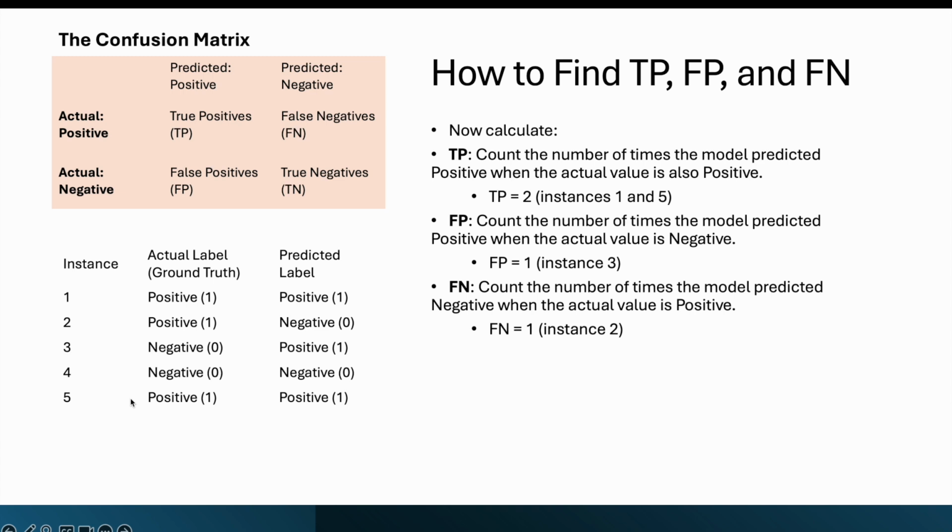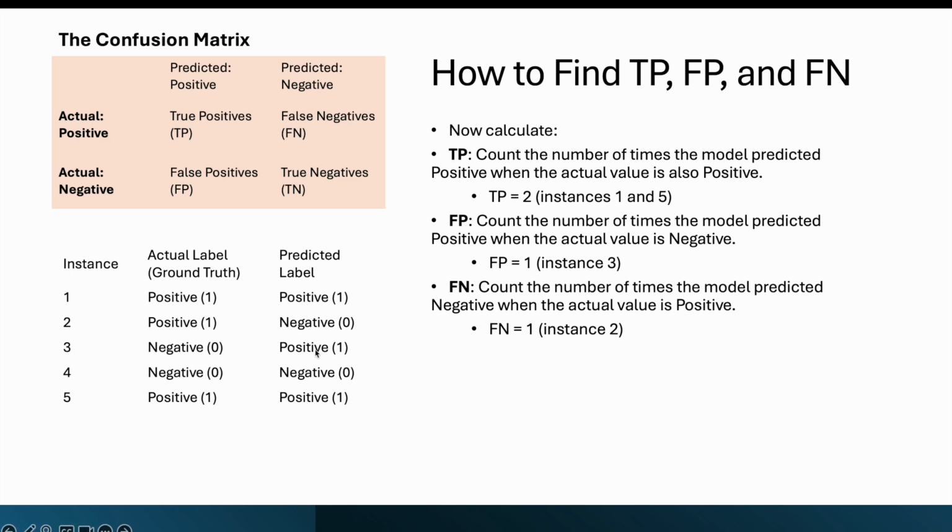Now how to calculate this? What are the true positives? True positive means actual positive and predicted positive, both should be positive. So in the first case and the fifth case, where we are saying both are positive, my true positives are 2. Now false positive: I told it is not spam, but the model came and said this is spam.